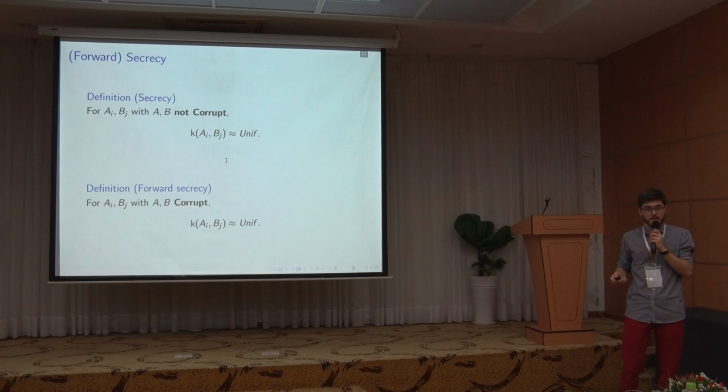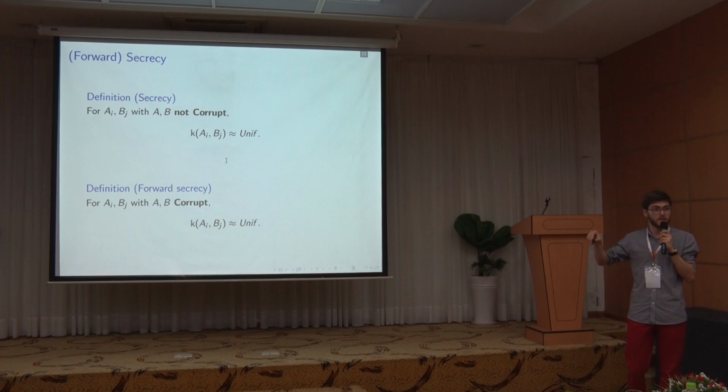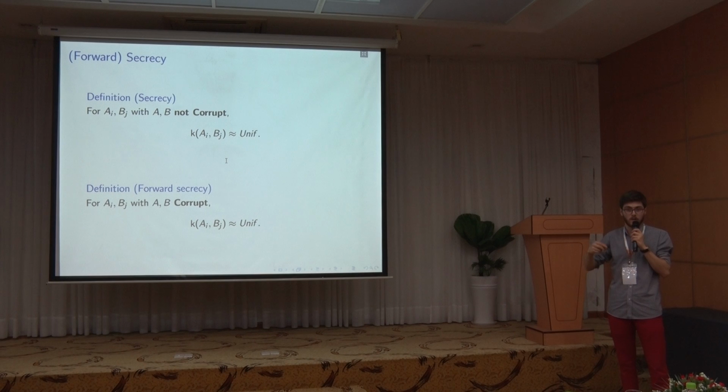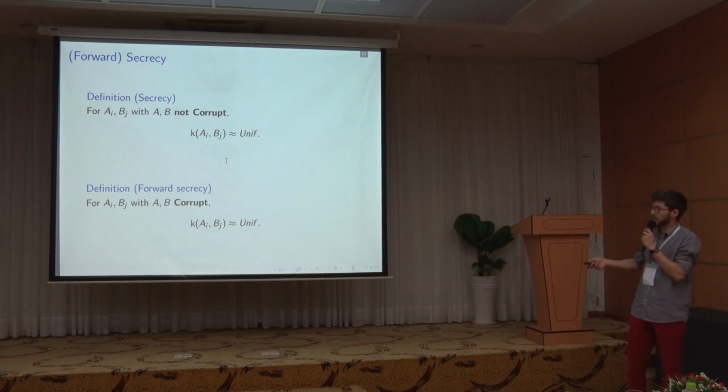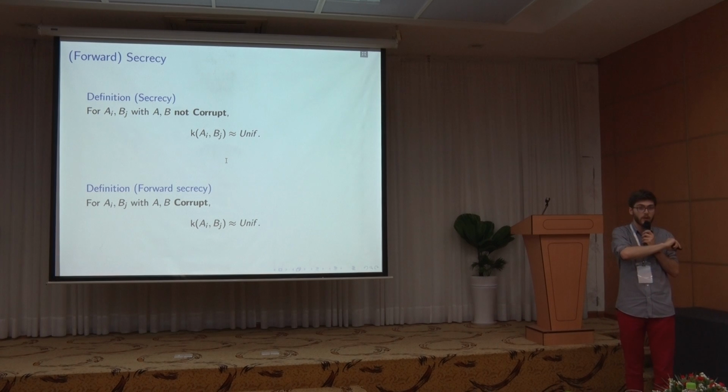But forward secrecy says that the adversary, after the key has been generated by the session, is allowed to corrupt the identities. So he can then go back and read and decrypt encryptions, things like this, and the key still has to appear uniform. So this is a scenario where you might exchange with the server, derive a key, and then you or the server might then be compromised by an attacker. And you want to guarantee that the key you derived beforehand is still safe, and you can still use that.